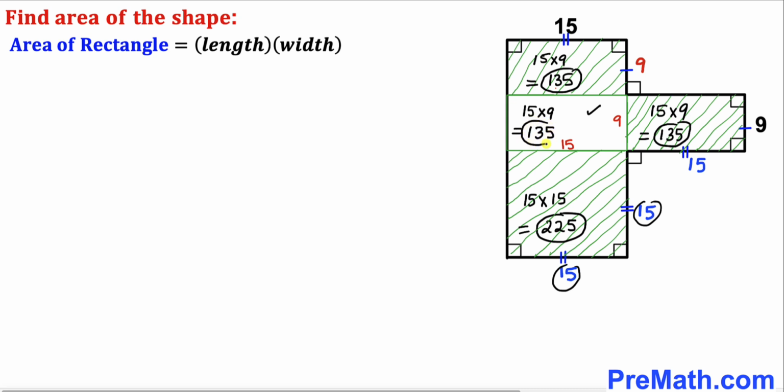135 square units. And now we are going to find the total area of this given shape by adding up all these individual areas.